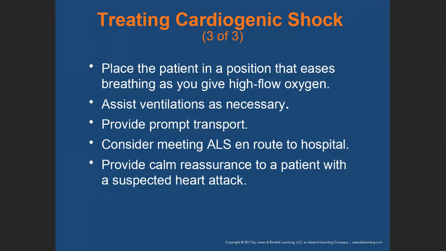Be careful with your use of sirens for these patients. They can trigger arrhythmias or dysrhythmias. Assist ventilation as necessary. Provide prompt transport. Consider meeting ALS en route to the hospital. Provide calm reassurance to a patient with a suspected heart attack.